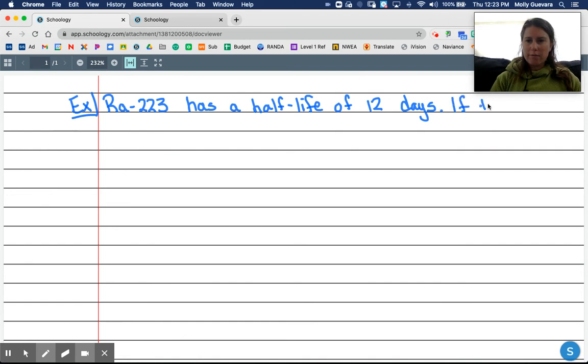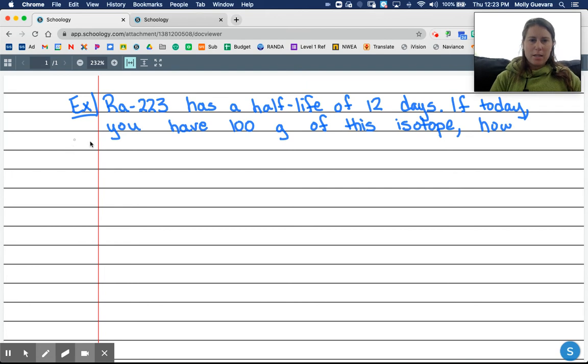So the question is, if today you have 100 grams of this isotope, ooh, we're using science words, how much would you have after 36 days?